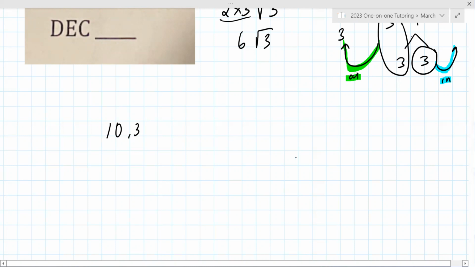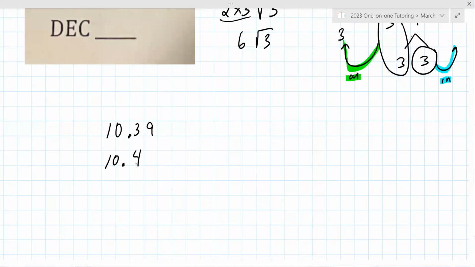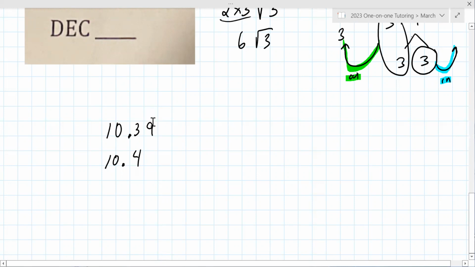I'm just asking you to tell me what comes to the right of the 3 in the calculator. It's a 9, exactly. And then you correctly said it rounds to 10.4. So when you round to one decimal place, you always have to go to the next one to see whether it rounds up or down.